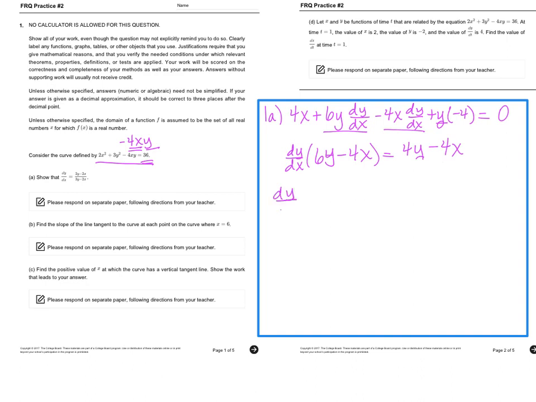I would have dy/dx is equal to 4y minus 4x over 6y minus 4x. And of course, each of those numbers is divisible by 2. So I get down to exactly the order and everything of what they said. So point count, you got 1 point for doing implicit.